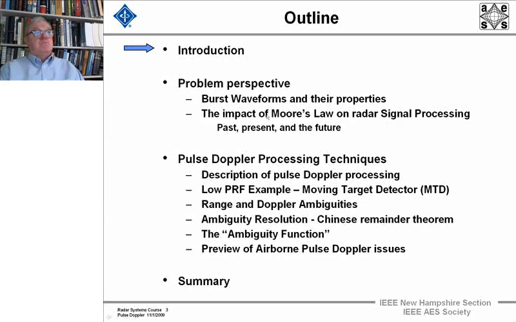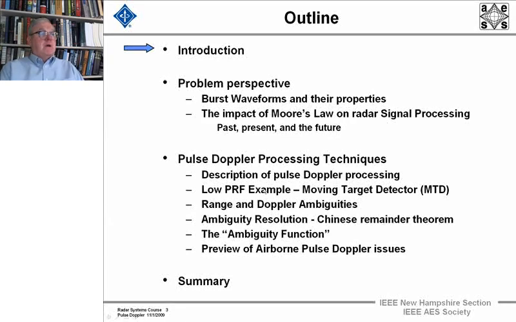And this whole process of Doppler processing was enabled by the important technology advances I mentioned in the previous lecture, and then we're going to look again at the impact of Moore's law, past, present, and future.